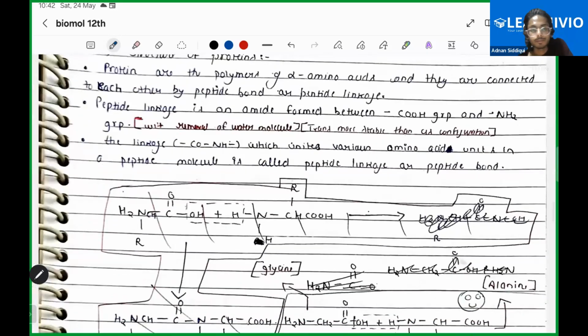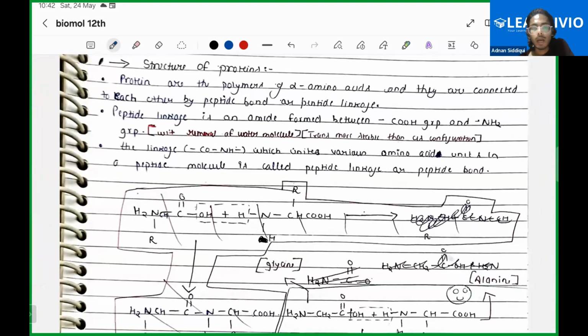Now, structure of protein. Proteins are polymers of alpha amino acids. If we have units of alpha amino acids and we attach them together, then we will get an entire protein. So the smallest unit of protein is the alpha amino acid. They are connected to each other by peptide bond or peptide linkage.